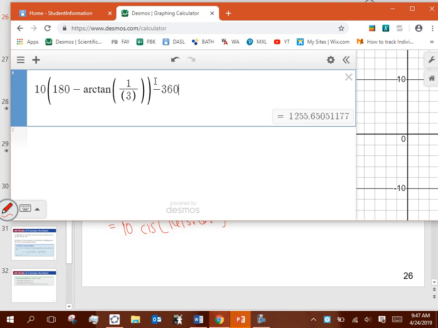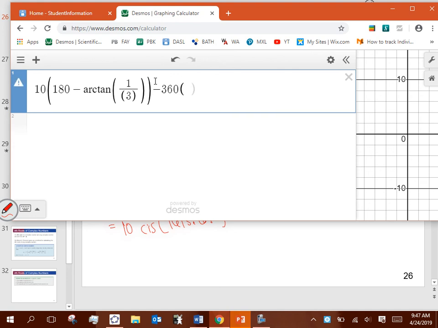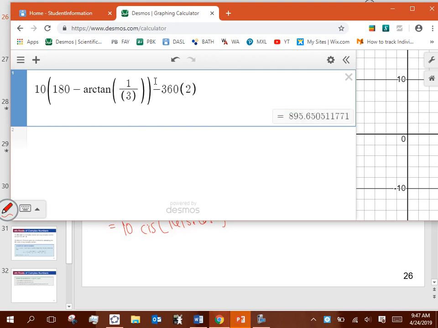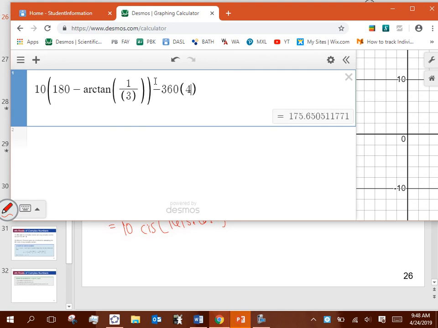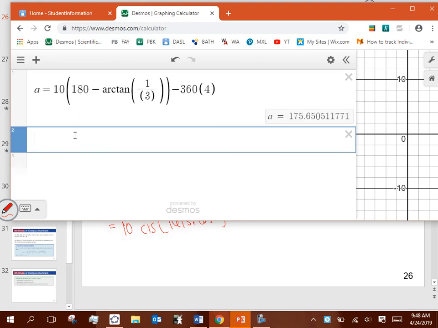Okay. I like this because I can do the same thing here, but put maybe a 1 there. That didn't work. Put a 2, still not between 0 and 360. Make a 3, make a 4. There we go, right? Okay. So there's the theta that I'm really interested in. So I'm going to call that A. Okay. And then, obviously, 10 to the 5th.